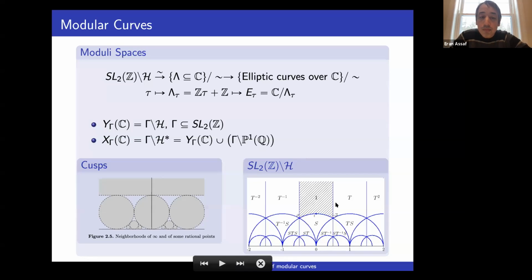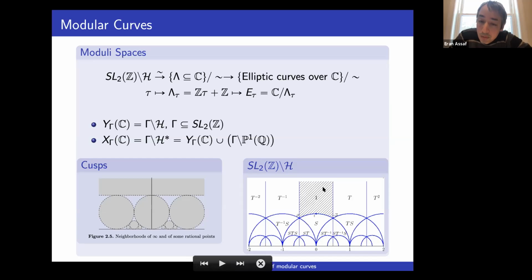And if we have some subgroup gamma of SL2Z, we can describe it in terms of generators and relations, and we can see what its cosets are in SL2Z, and this gives us a way to build its fundamental domain.